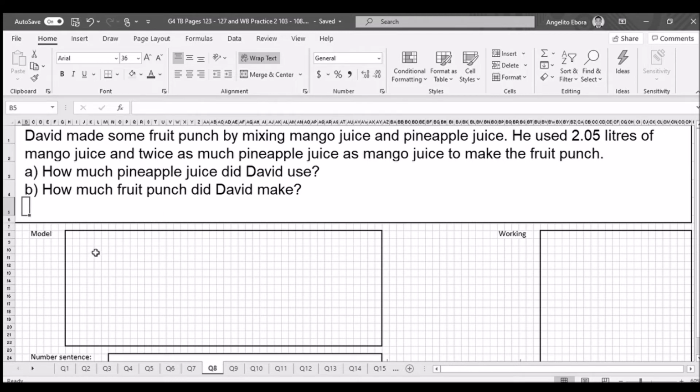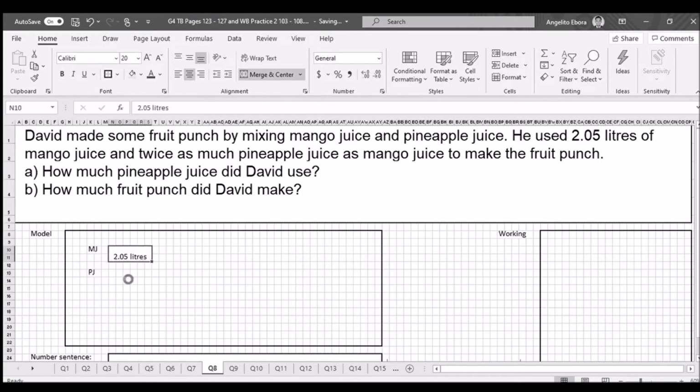Okay, so we have MJ, or mango juice. It says 2.05 liters. Okay, and then pineapple juice, it says twice as much. So this one is PJ, pineapple juice.